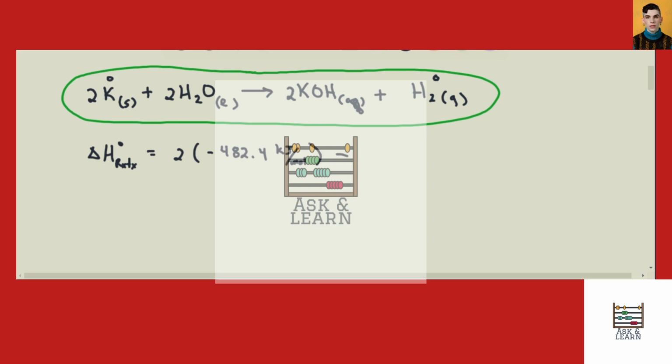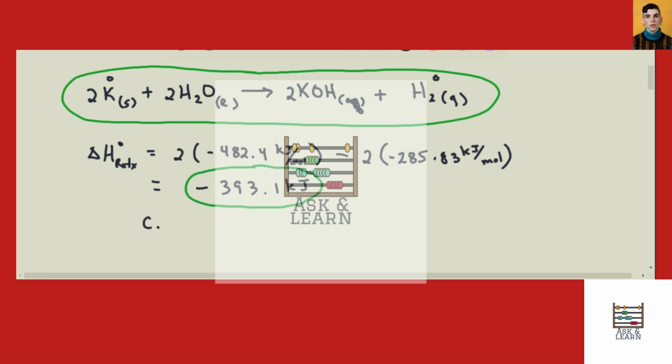And then subtracting, looking up liquid water, 2 times negative 285.83 kilojoules per mole. Grabbing our calculator and calculating this, I get negative 393.1. So we see a negative sign there. This is exothermic. So for part C, exothermic, so yes, it's favored.